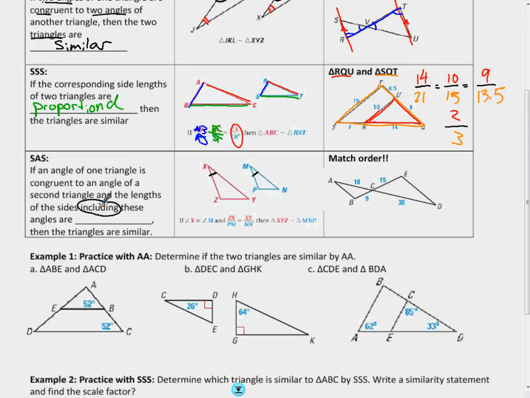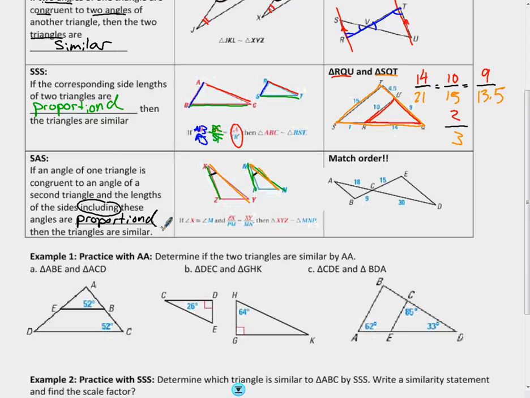So angle x is between xz and xy, which is also between; angle m is between MP and MN. Since that angle is between those 2 sides, what do the sides have to be? They have to be proportional. Then I know the triangles are similar.